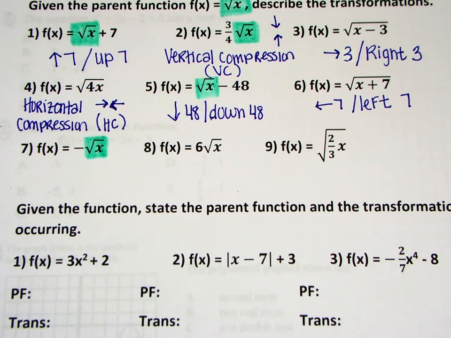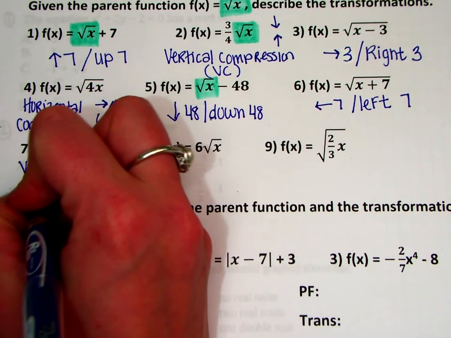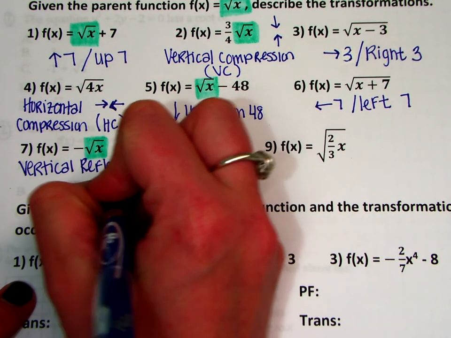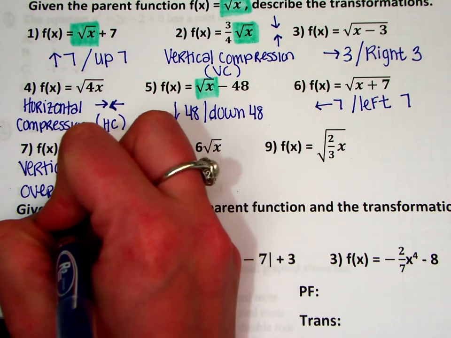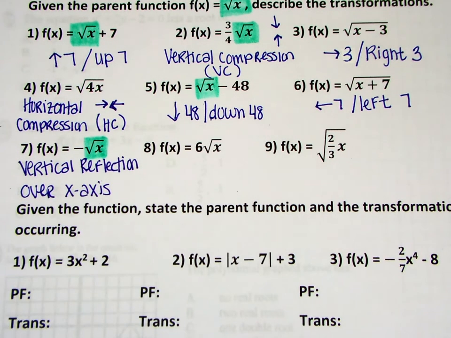So vertical reflection, you can use VR as an abbreviation if you want to. So this is a vertical reflection over the x-axis.